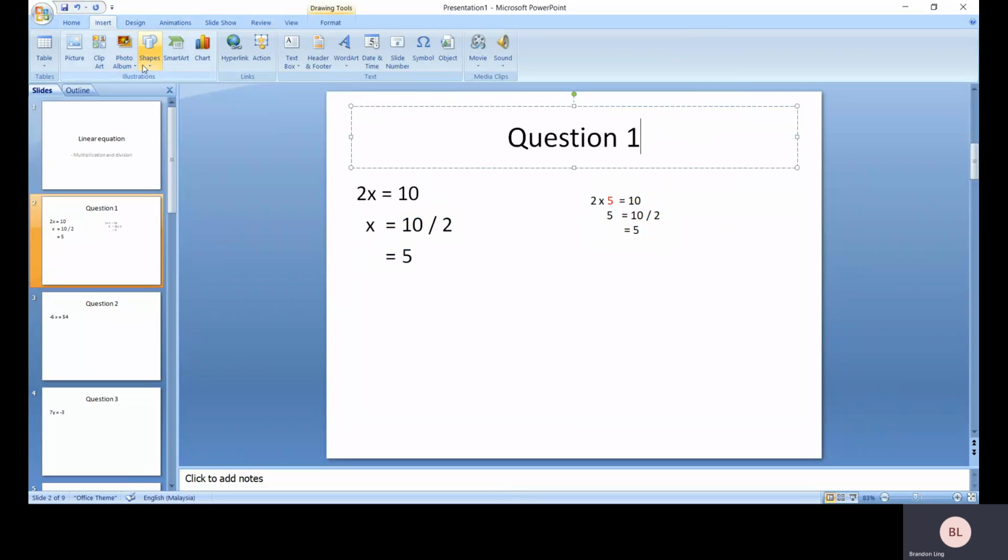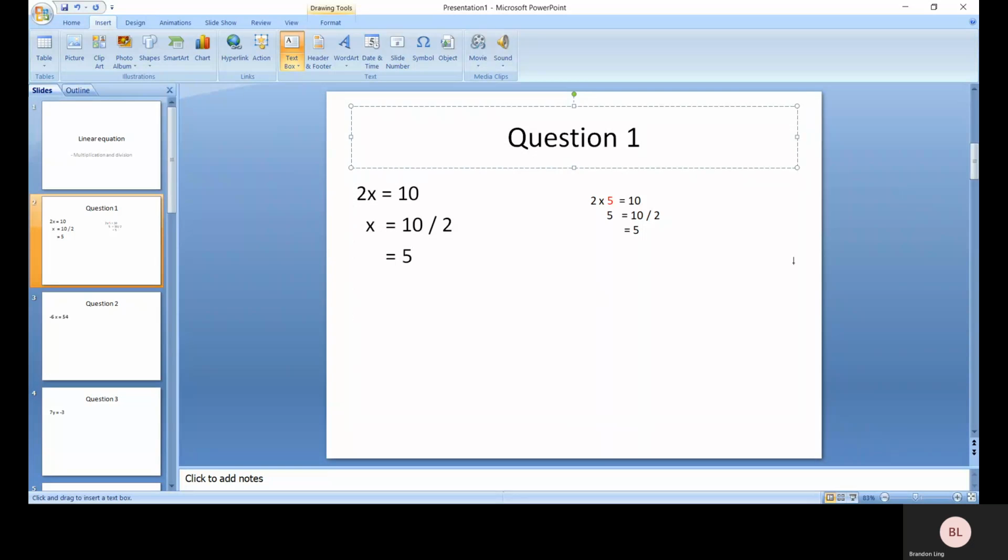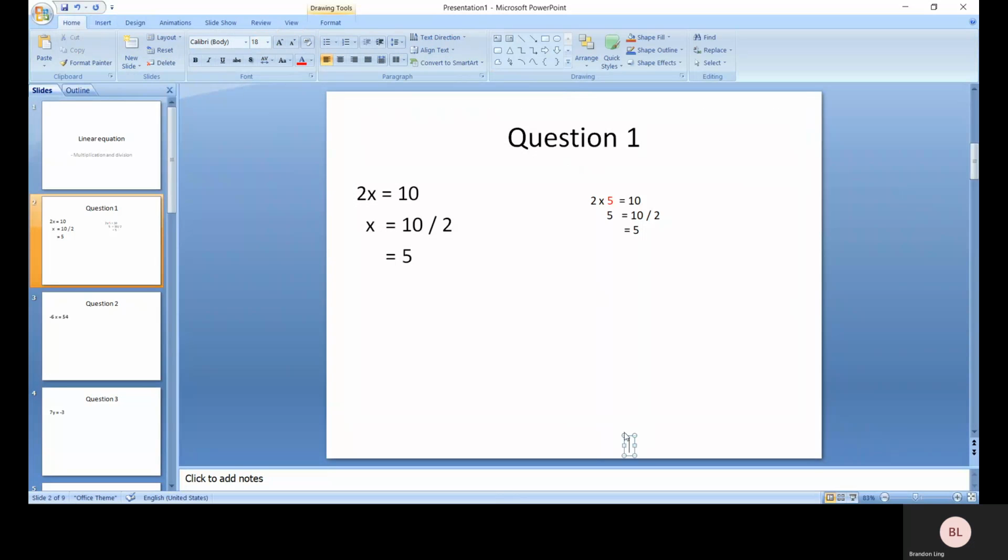Another thing to take note of is that a lot of students are confused between 2x and 2 plus x. A lot of students are actually confused with these two terms.